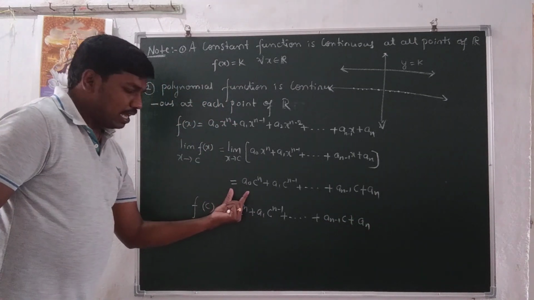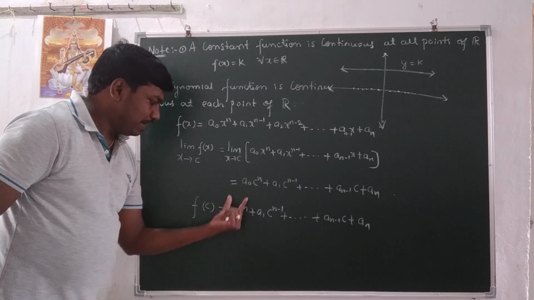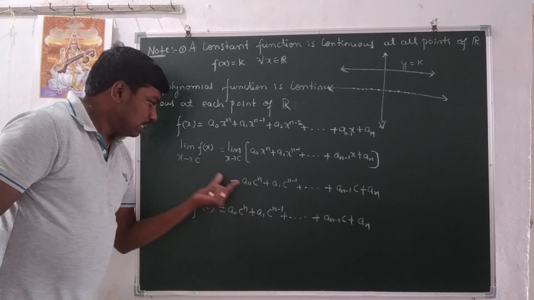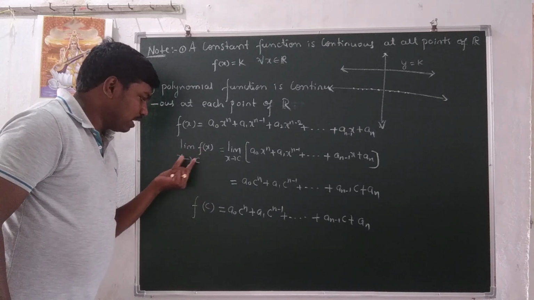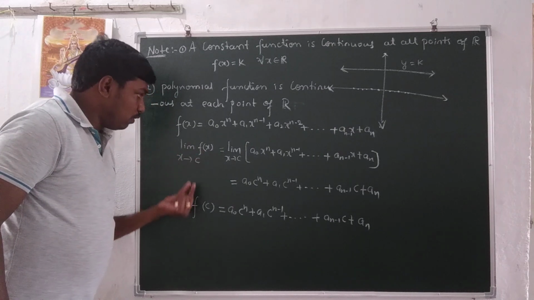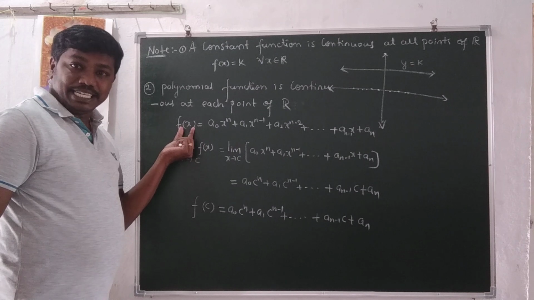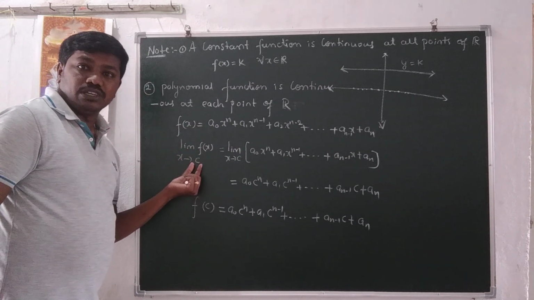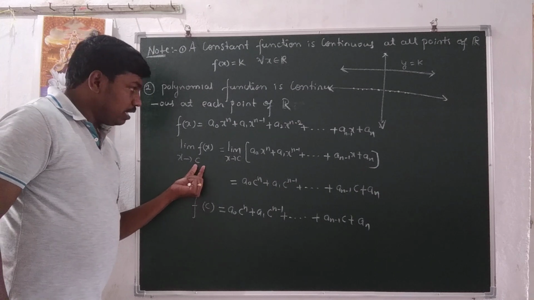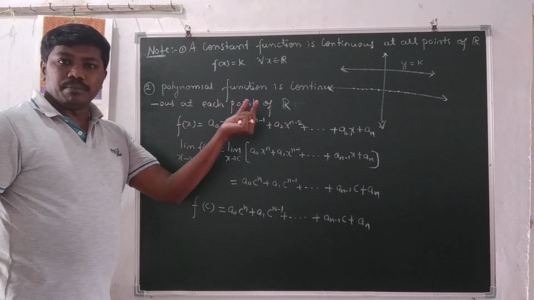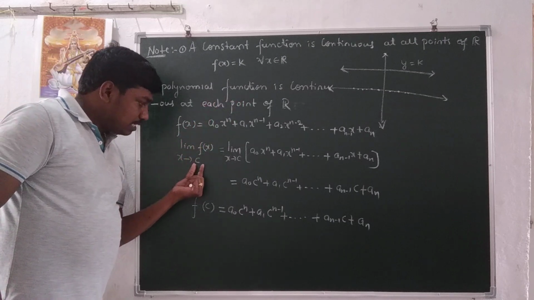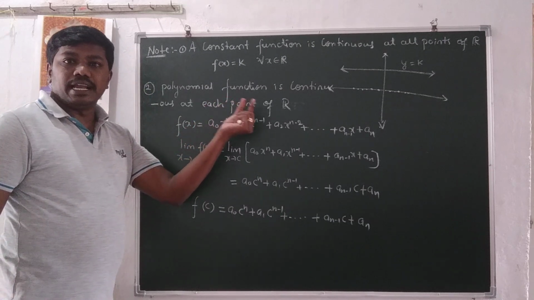The limiting value of f of x at x is equal to c equals the value of the function. Therefore f of x is continuous at x is equal to c. What is c? c is any arbitrary real number.